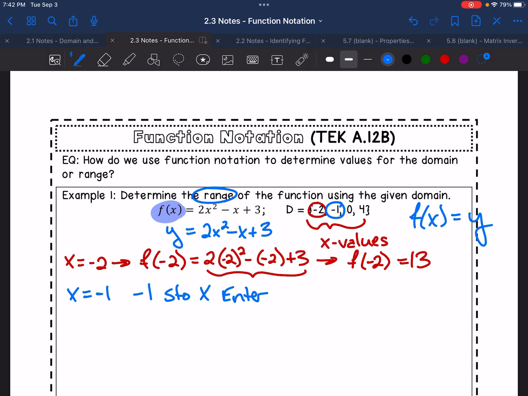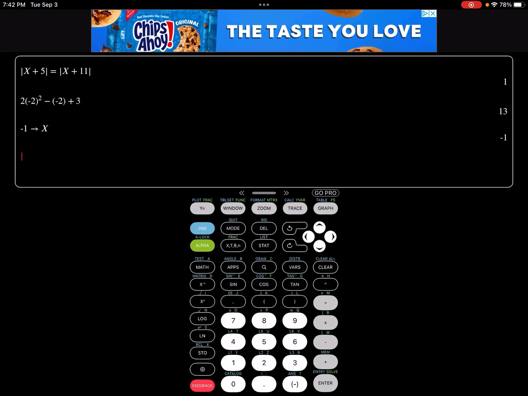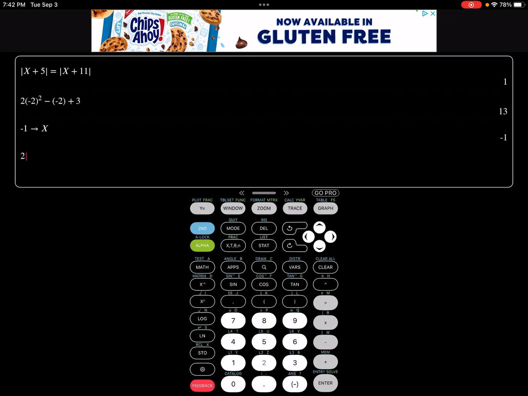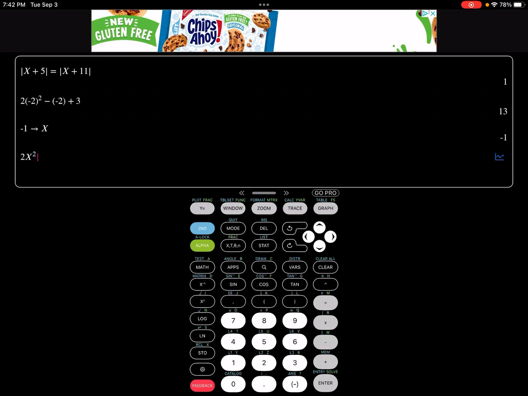And so now what I'm going to do is type in what my function equals, what my y equals, 2x squared minus x plus 3. All right, that's my next step. Type in my expression. So I'm not typing in the equal sign for this one. So I'm going to go back to my calculator, and I am typing in 2x squared minus x plus 3.